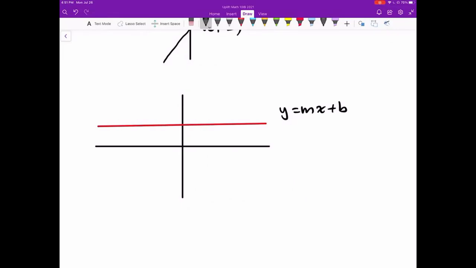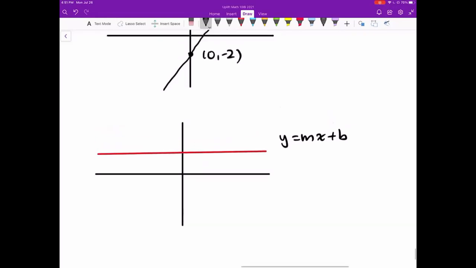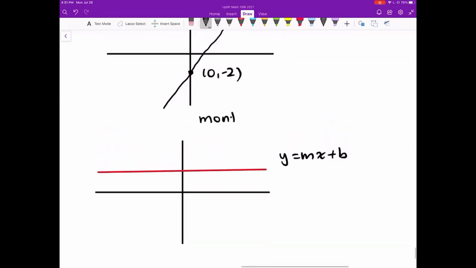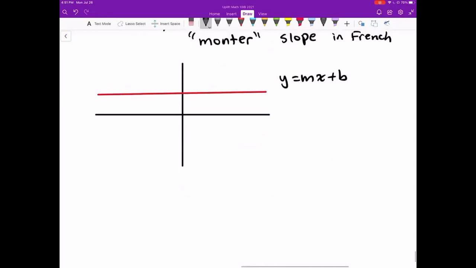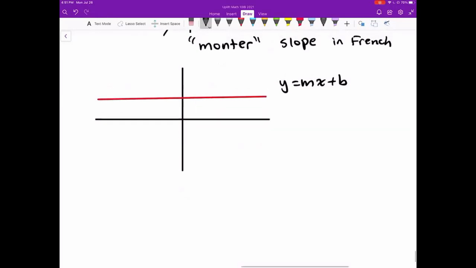Oh yeah, sorry, it's French. So in French, slope means monter, or I guess that's how you pronounce it, monte. So this is the slope in French, and that's why we abbreviate it as m. I never took a French class, so I wouldn't know. David, have you taken French class? Nope, never. After junior high, I've just never taken it.